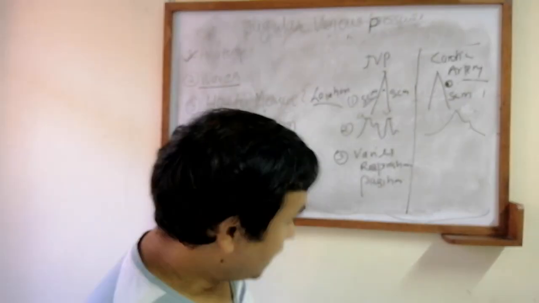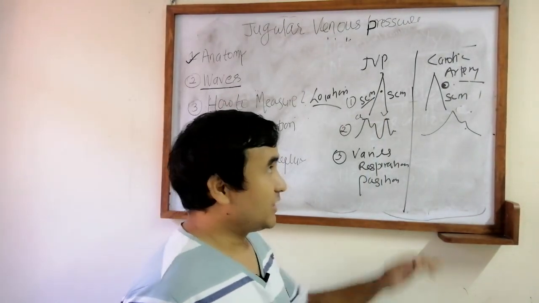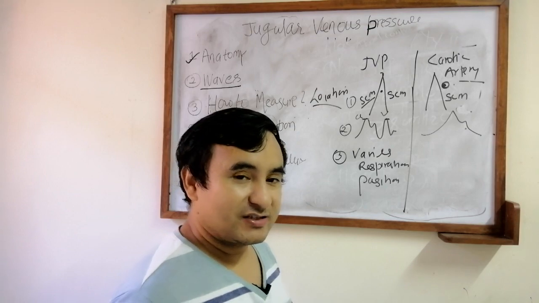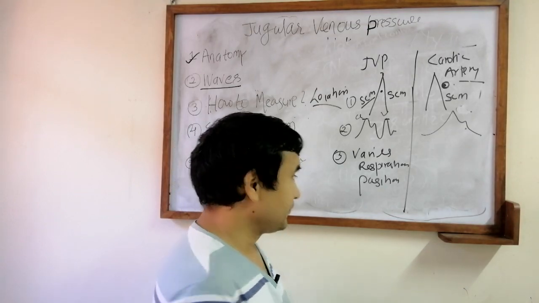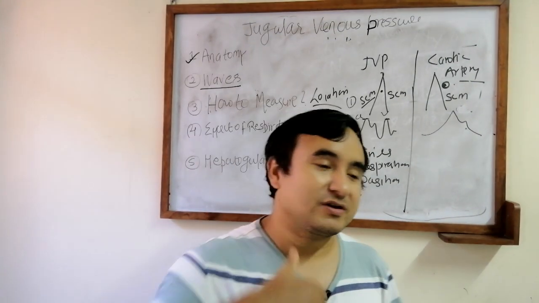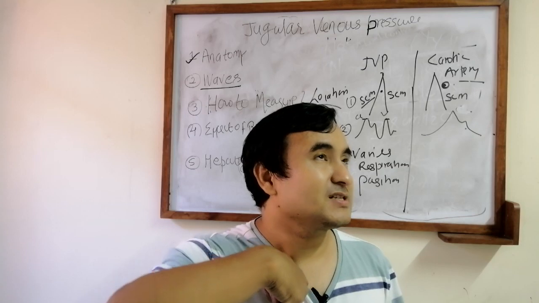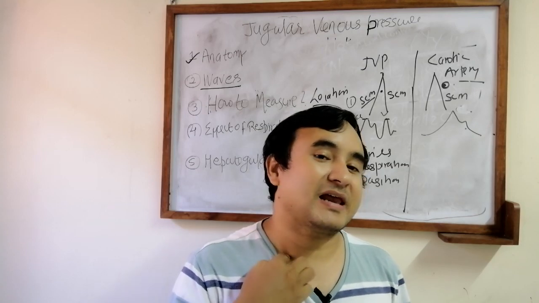Then, JVP is better seen, whereas carotid is better palpable. You can easily palpate the carotid artery. So sometimes it's very confusing. In that scenario, you have to give pressure just over the medial end of the clavicle here.